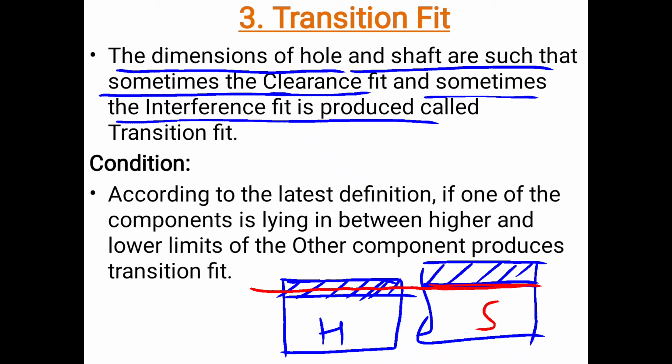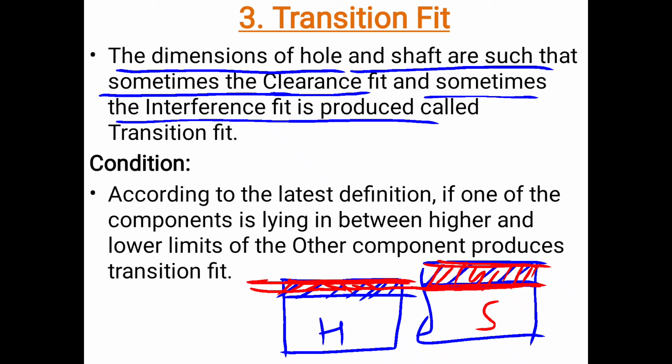This is the same limit of the shaft, but the hole has a higher limit, then you will have this much clearance, and you will get clearance fit. But at the same time, if you take the same limit of the hole but the higher limit of the shaft, then you will get interference fit. So for a condition like this, you will get interference fit as well as clearance fit, hence it is called transition fit.